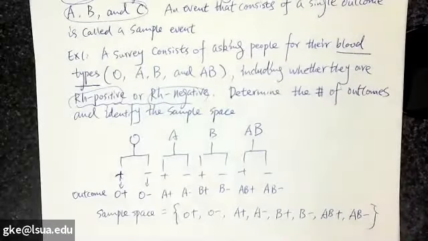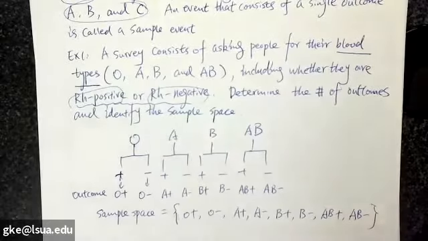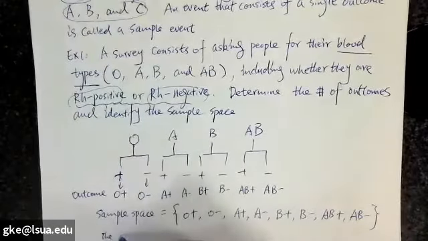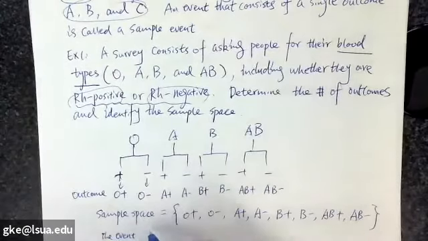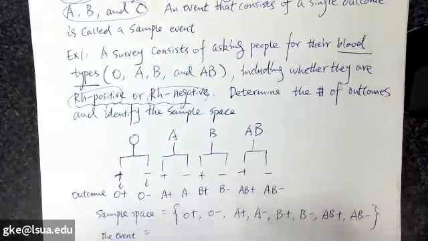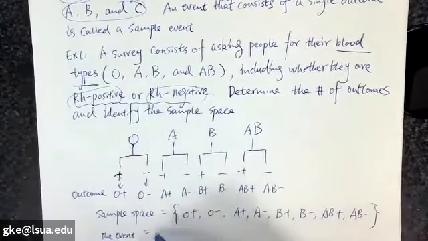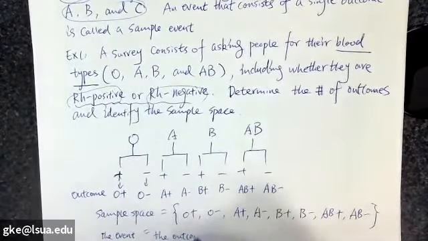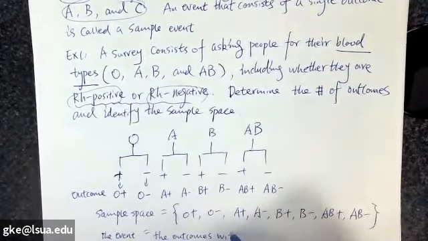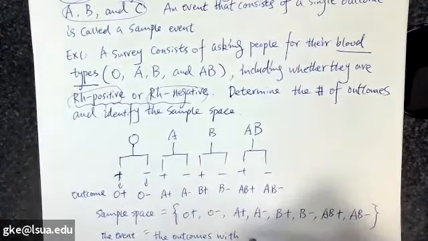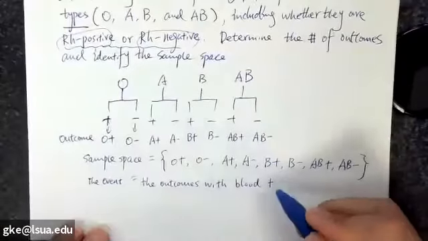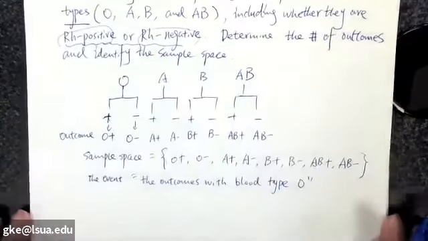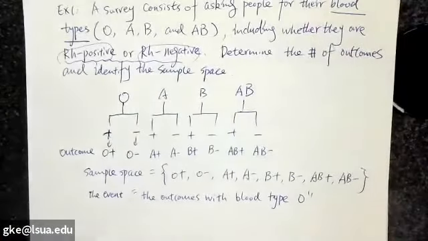Now let's take a look at the event. The event: the outcomes with blood type O. Okay, so that's the event.